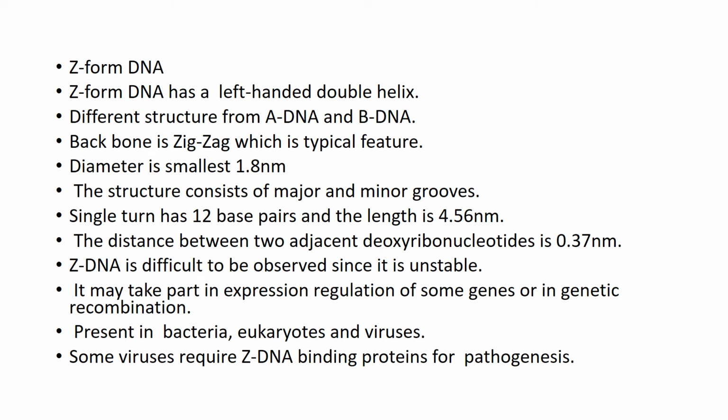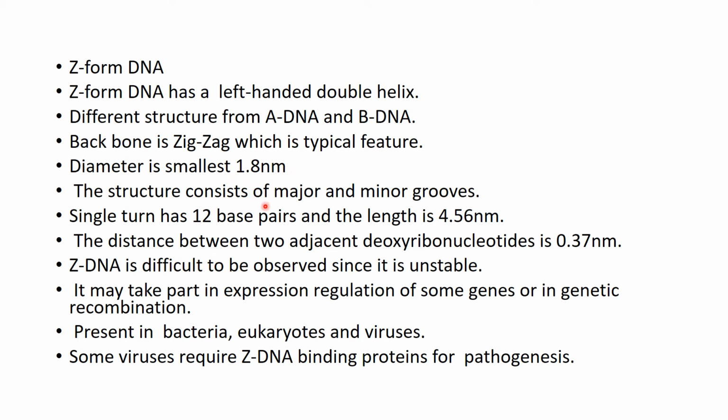The Z form of DNA is actually a crinkled type of structure, and it is not so commonly found. The first difference is that the turns go through the left hand, that is, it is a left-handed helix, and the backbone is zigzag. You see the uniformity in the structures of A and B DNA, but here a crinkled model, or a zigzag type of skeleton, can be seen, and therefore the diameter is less; it is the narrowest form, that is 1.8.